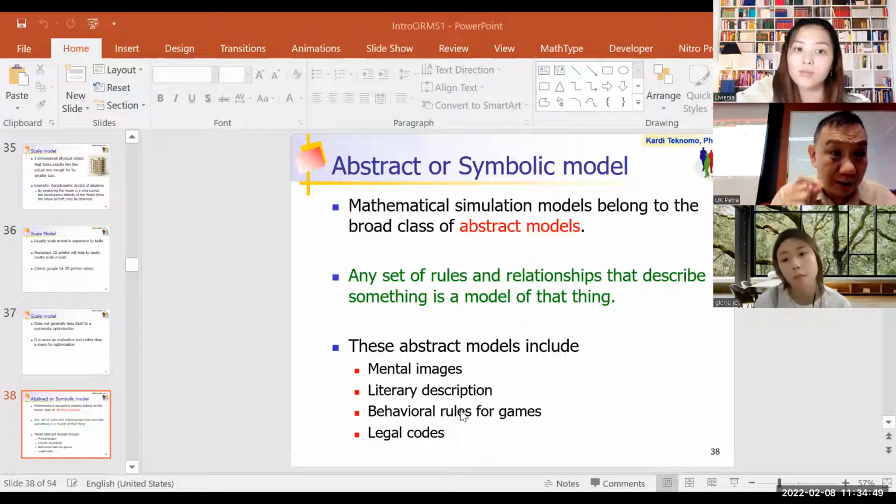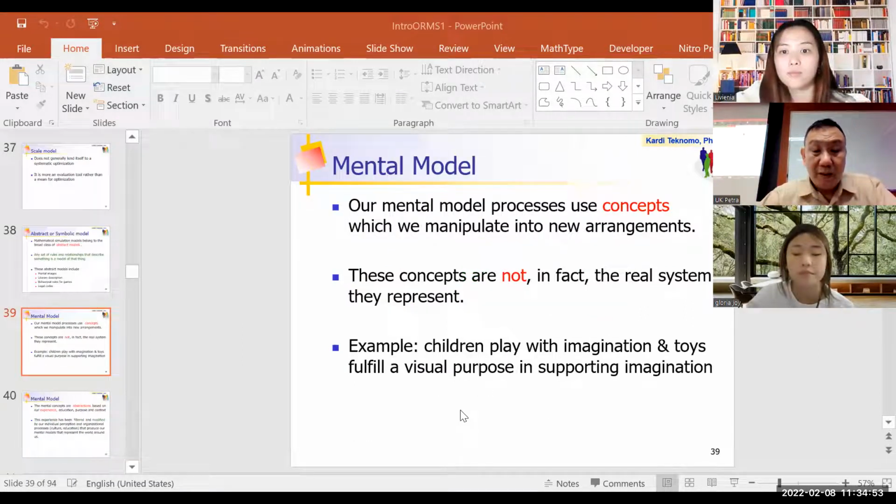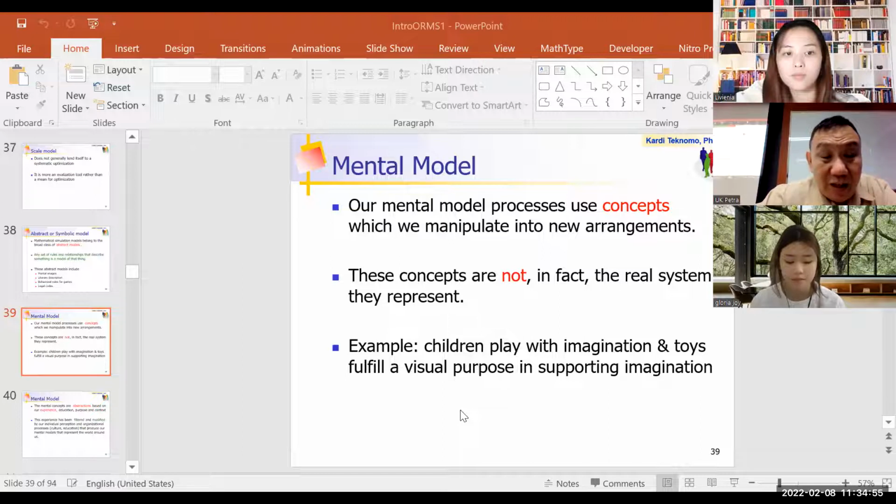Not just a mathematical model. One thing that we always use in our mind is called the mental model. Our mental model is processed based on concepts, on knowledge that we have learned, on the culture that we have, and then we make decisions based on our mental model.